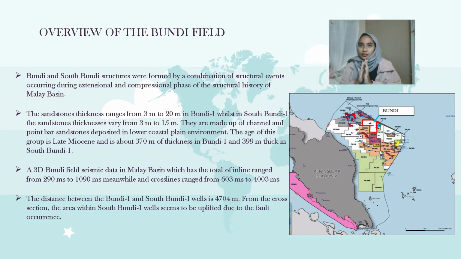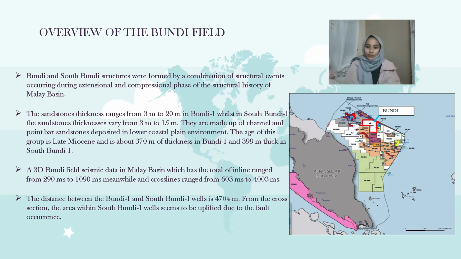All these three events made changes to the earth structures, creating the Malay Basin. Bundi and South Bundi have a sandstone thickness range from 3 meters to 20 meters for Bundi, while it is 3 meters to 15 meters only for South Bundi.